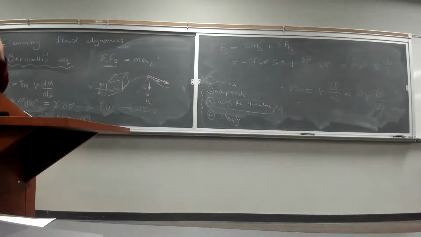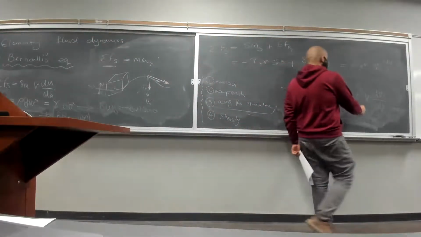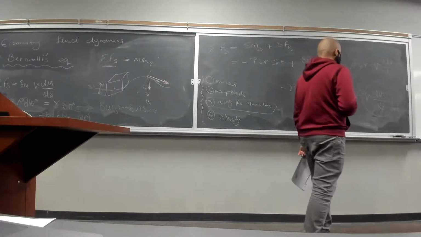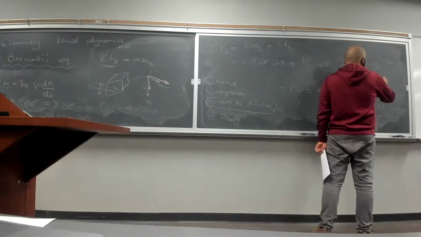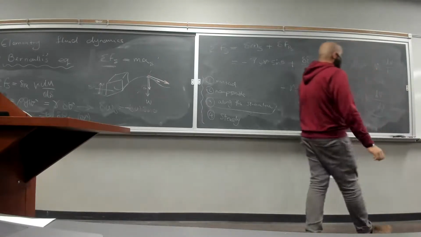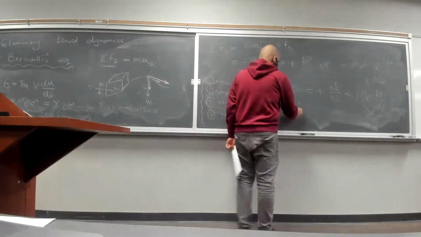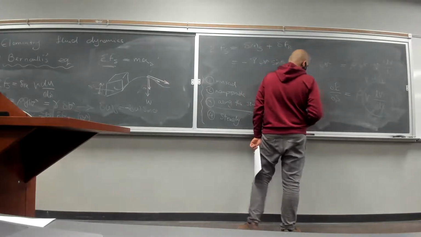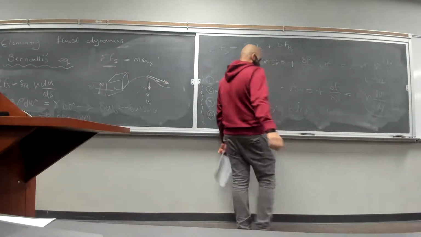Okay. So what can we do about this term? If you go back to your mathematics, v dv/ds is actually 1/2 d(v squared)/ds. The derivative of v squared is equal to 2v dv, so v dv is 1/2 d(v squared).